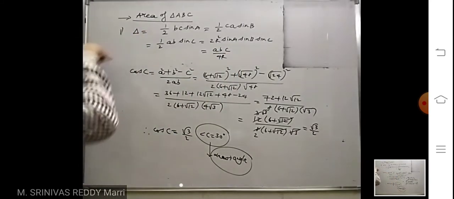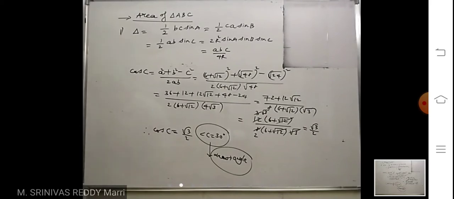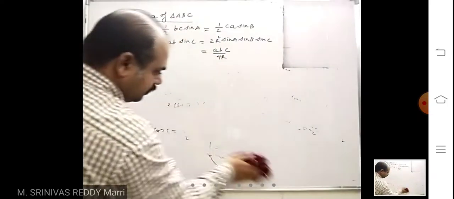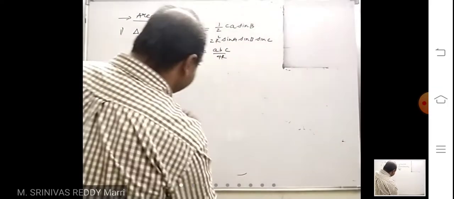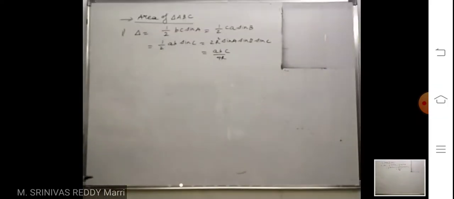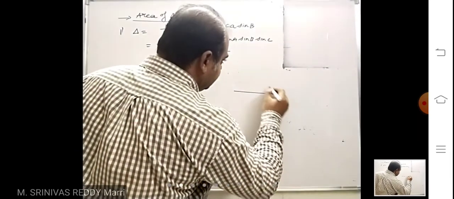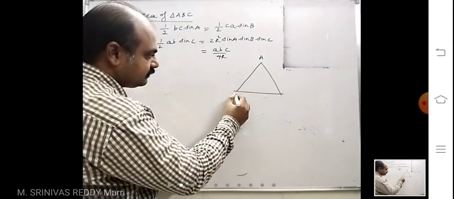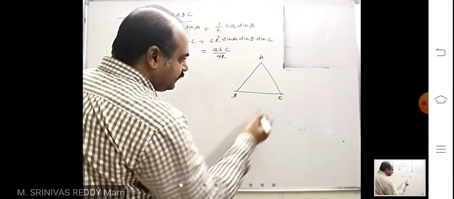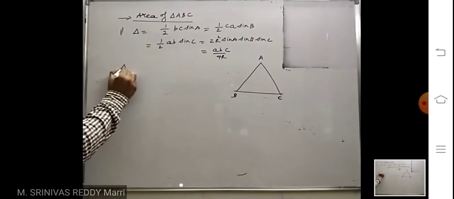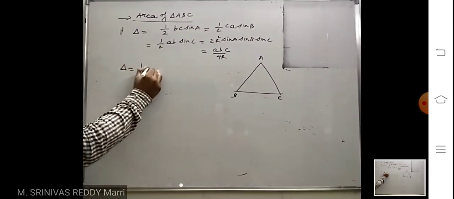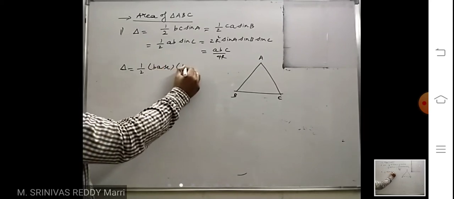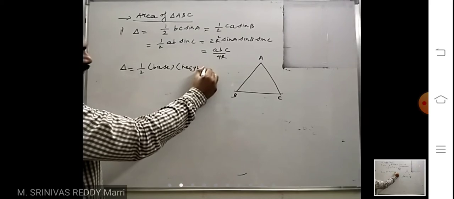Look at how you will get this first set of formulas. There is a triangle ABC like this. The basic formula for calculating any triangle area is delta equal to half base into height.